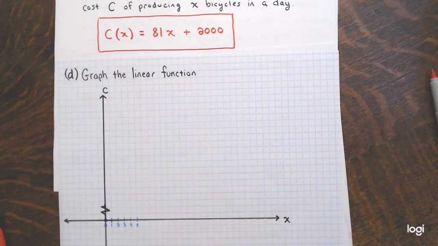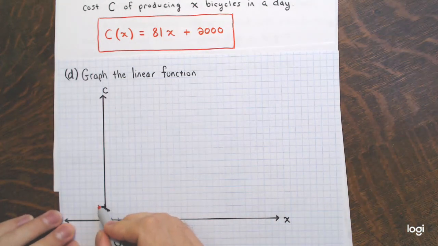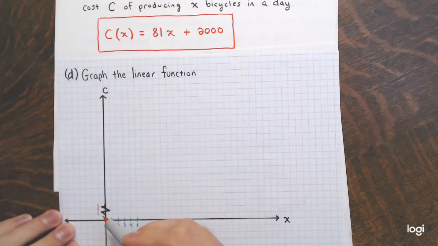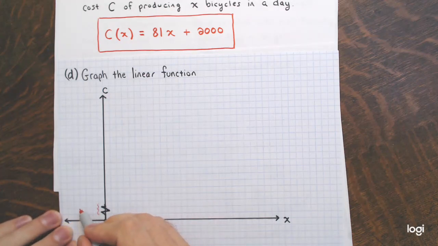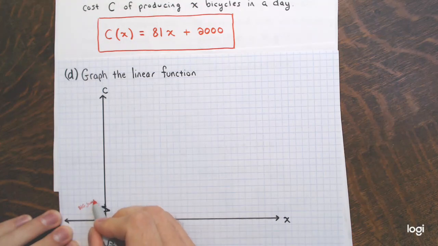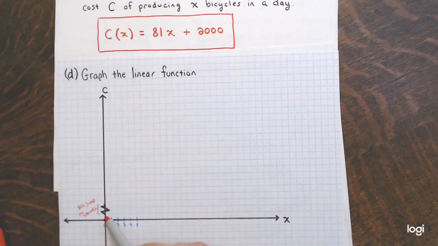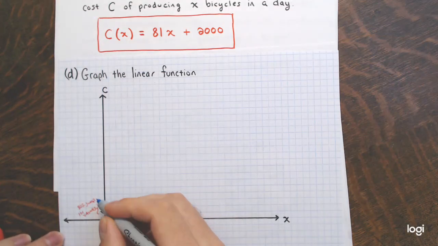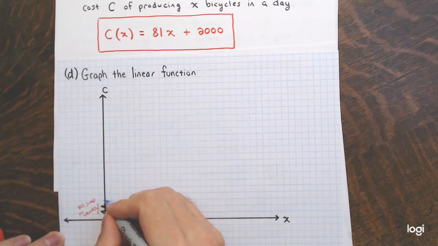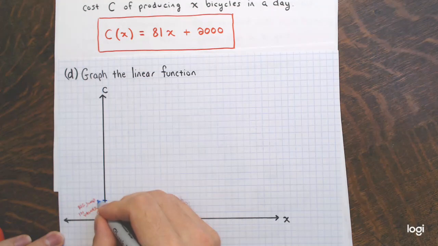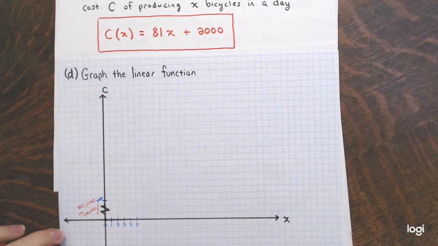This little zigzag on an axis just means you're jumping a lot of values, a big jump in values. All right. So I'm starting here at 0, and then I'll say let's have 2,000 start here at this square. All right, and that's totally fine.